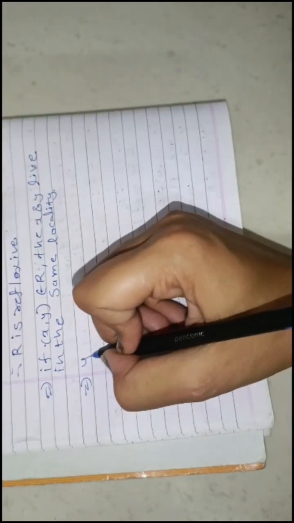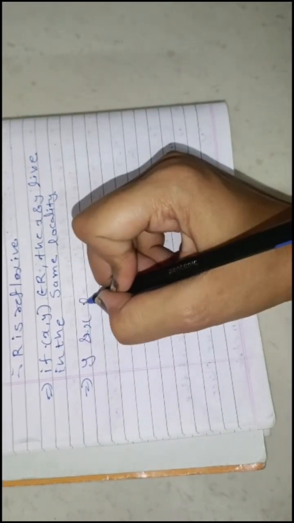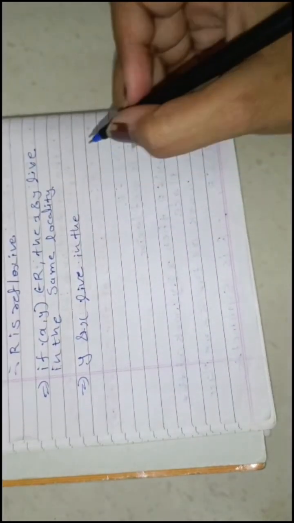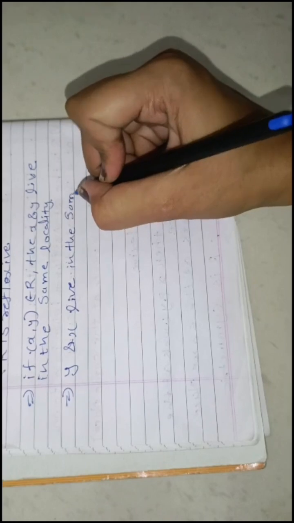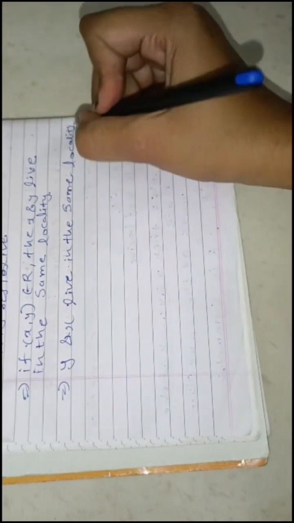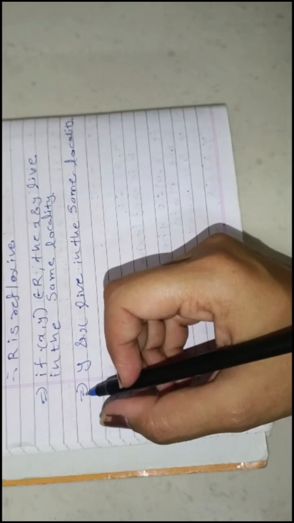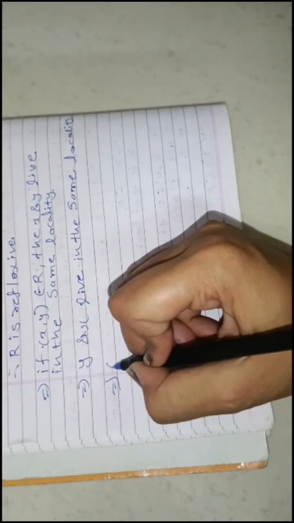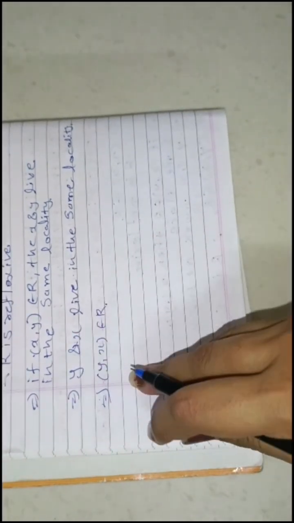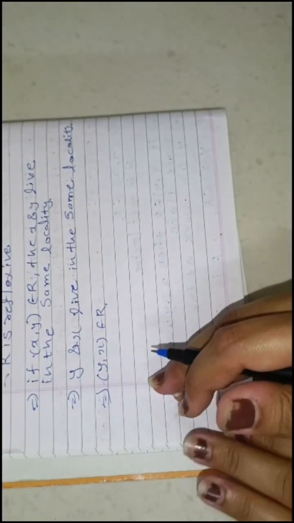You can write it like this: y and x live in the same locality. Therefore, (y, x) belongs to R. Therefore, R is symmetric.